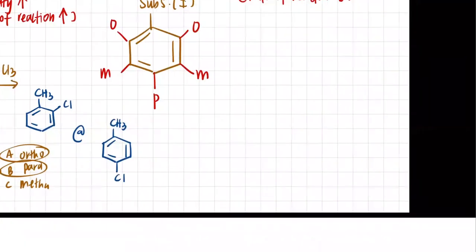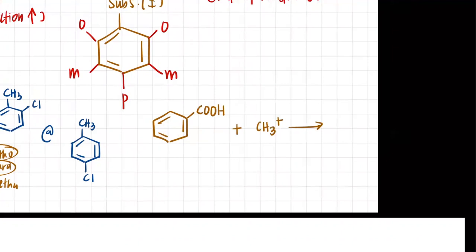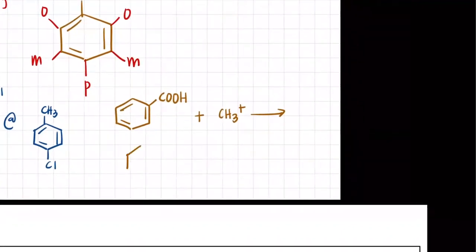Okay, I give you another example. If we have benzoic acid, COOH, for example, reacting with, let me think of one example, CH3 for example. Which one will be the correct structure? I draw three structures for you.